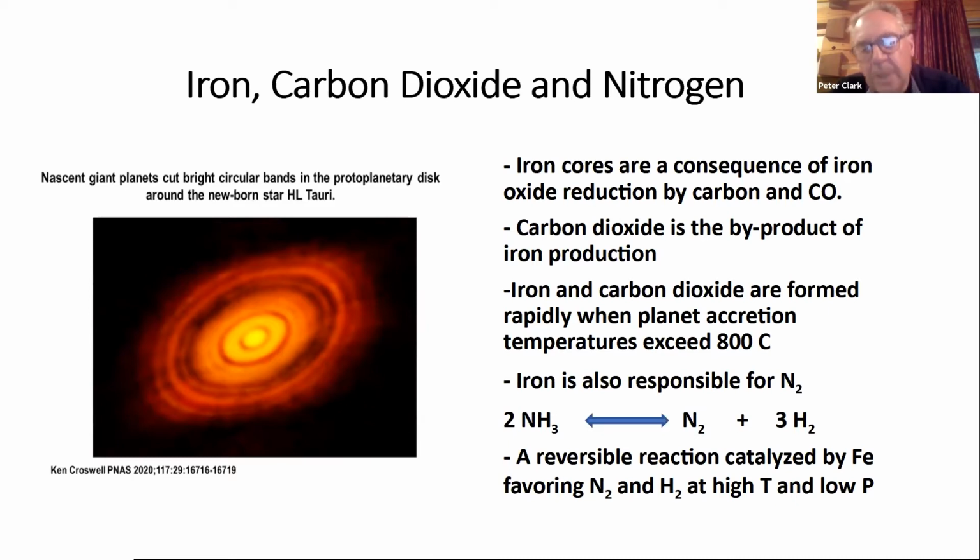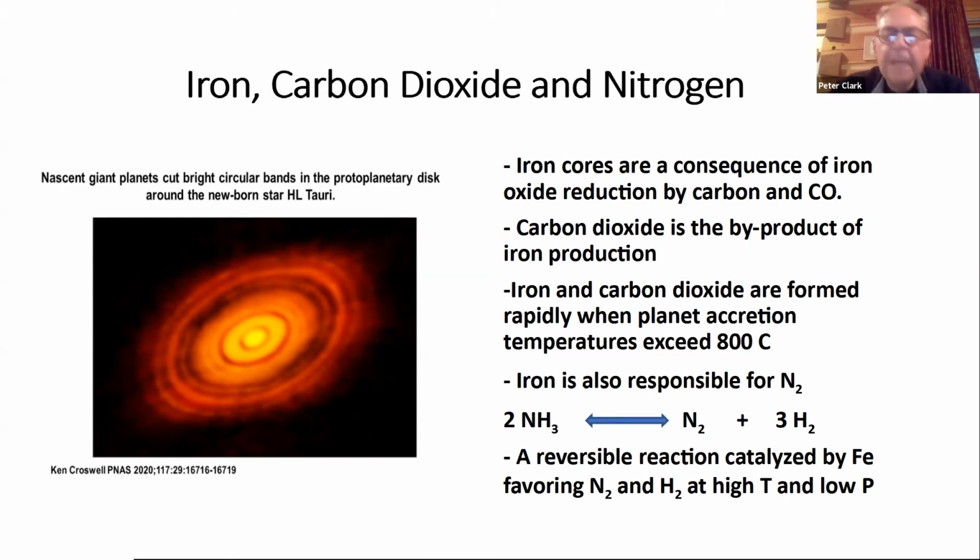When I say only, there are actually two others, ruthenium and osmium. But if you go back to my diagram, you'll see that there's such small amounts of ruthenium and osmium that this simply would have very little impact. But I've just described a system where metallic iron is formed in a forming solar system, and any ammonia that's being pulled in from interstellar space, having been formed in interstellar space, is converted to molecular nitrogen.